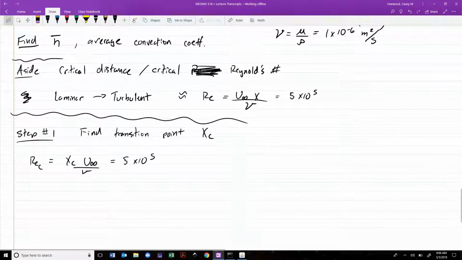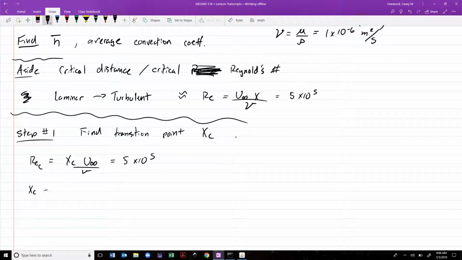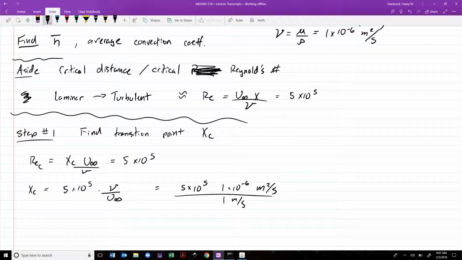If we solve this for x sub c, we get 5 times 10 to the 5th times nu over u infinity, right? Which for this case works out to 5 times 10 to the 5th times 1 times 10 to the negative 6th meters squared per second, there's our value of nu, and 1 meter per second, which is our free stream velocity.